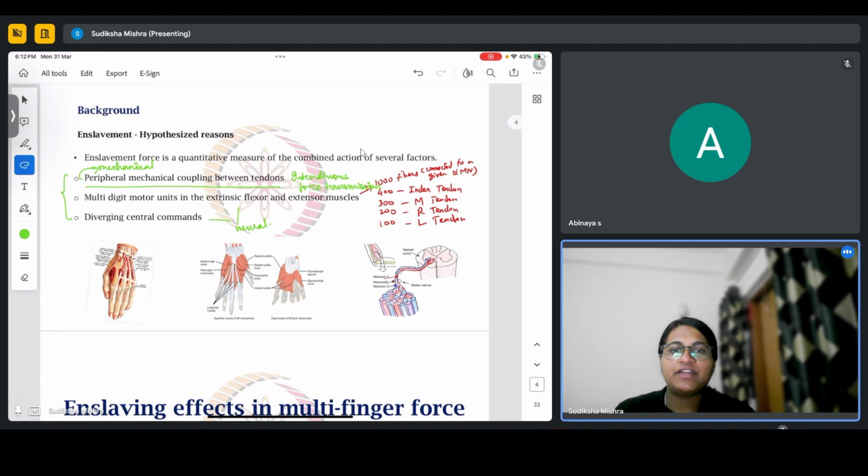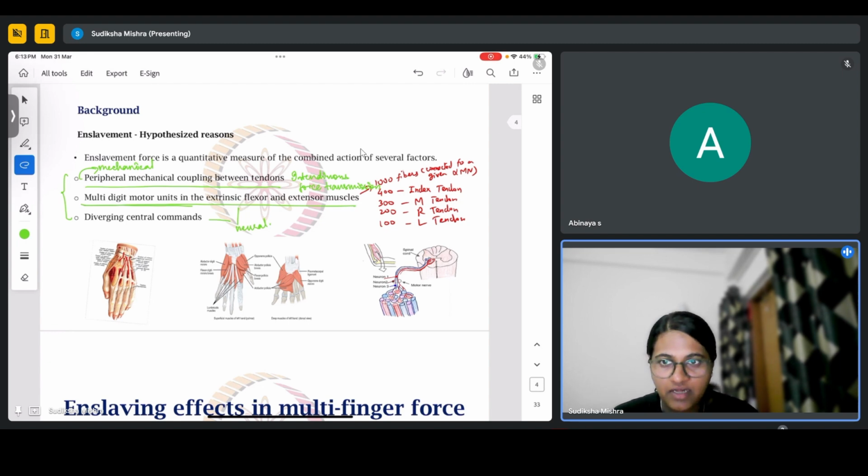They might connect to index, middle, ring. They might connect to all four. So essentially, a single motor neuron might supply different digits.